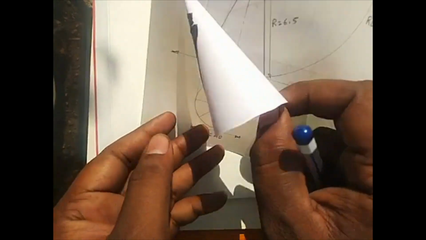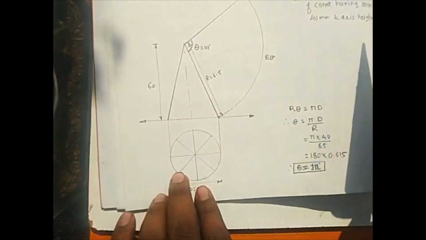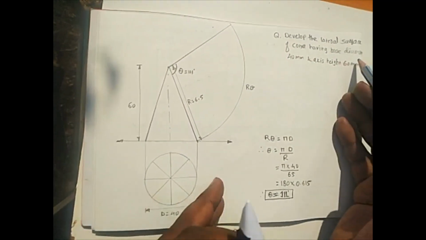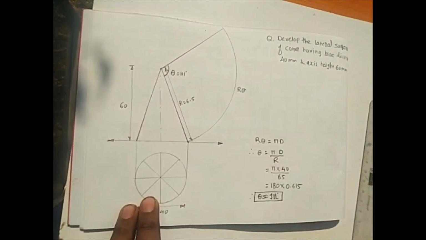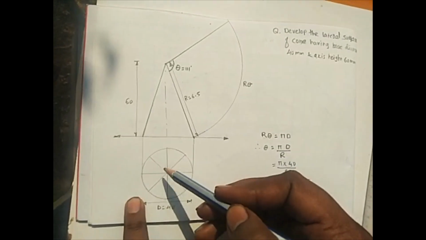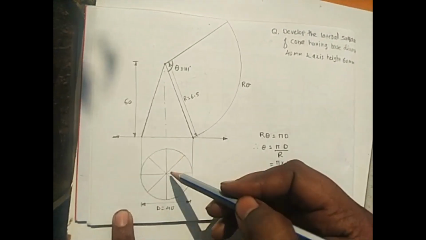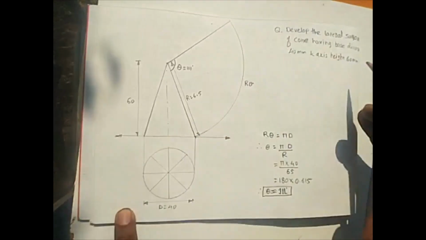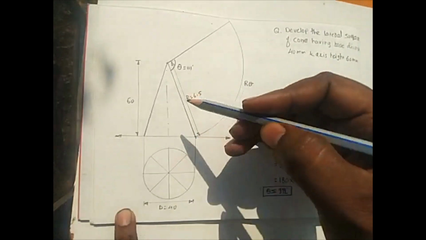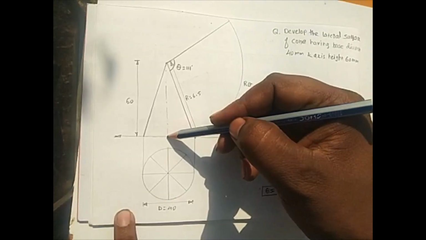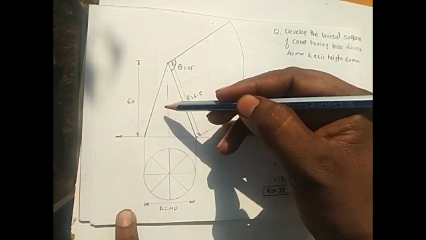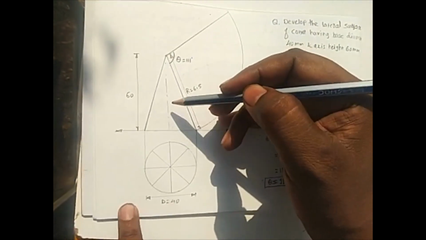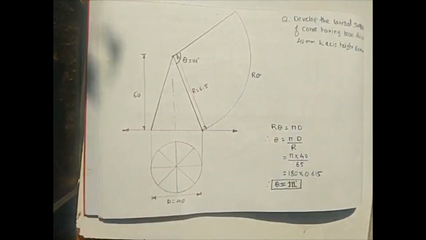Now to draw this shape, we have to take a diameter of 40, that means a radius of 20 mm, and draw this circle, and then project these diameters. Then the axis height given is 60 mm, so we mark this 60 mm height on the axis and simply join this. Then we'll get the front view and top view of this cone.